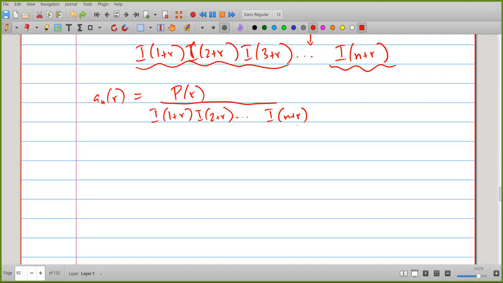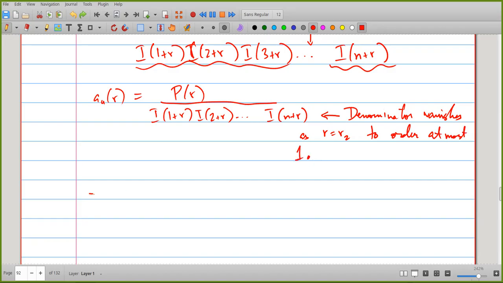Right? Now here the denominator vanishes at r equal to r2 to order at most 1.